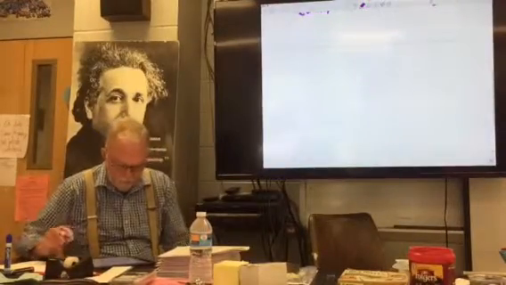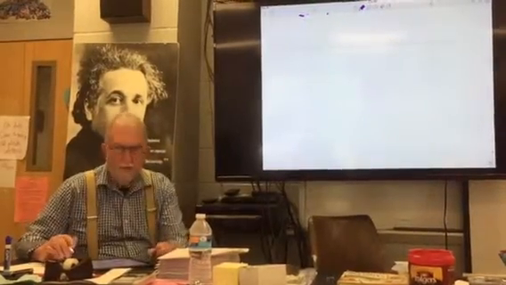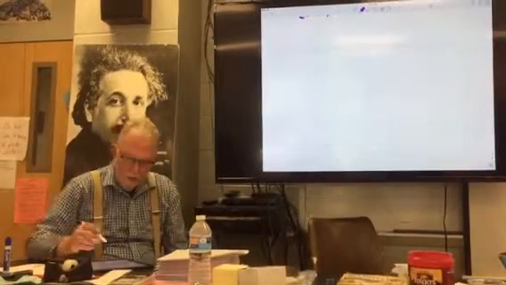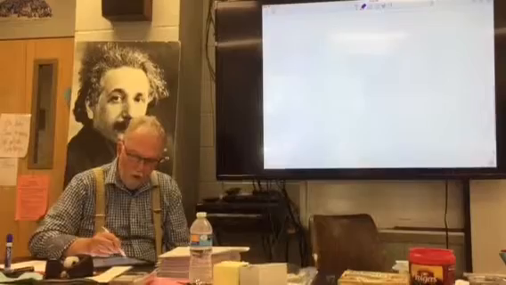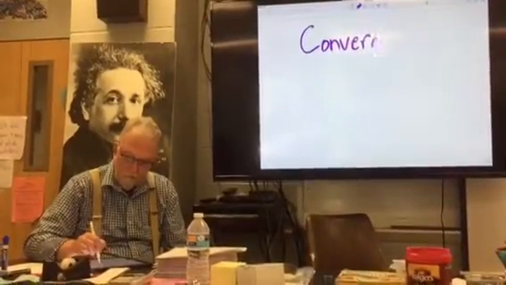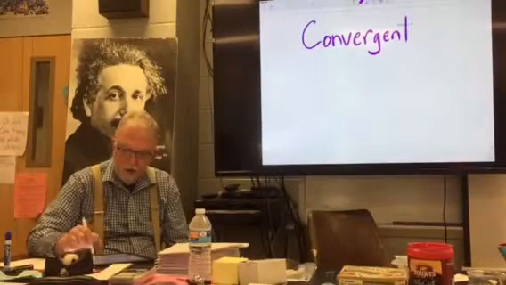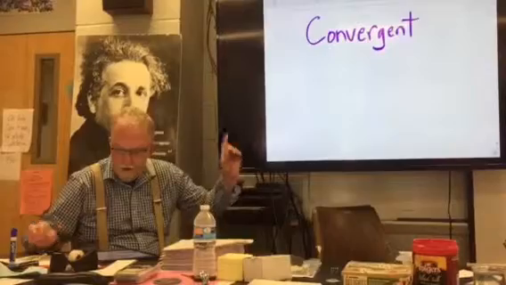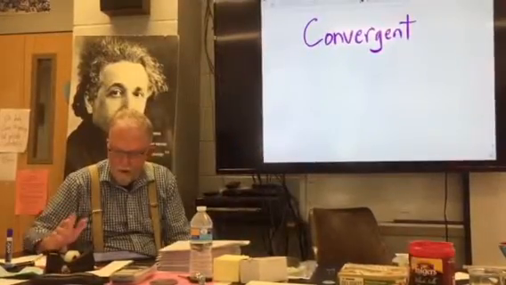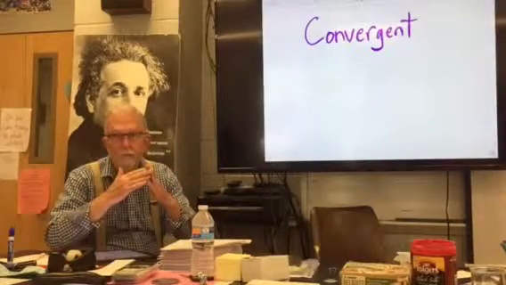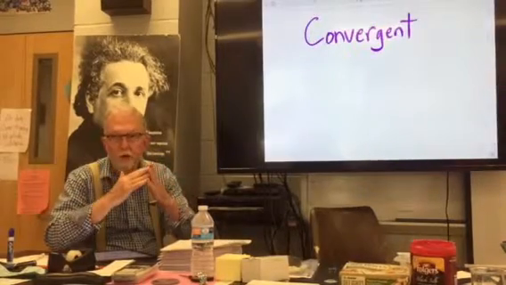Now, there are two kinds of bending, if you will. One is called convergent. And as the name suggests, the rays come together or converge. And a lens that is convergent or a mirror that is convergent, the rays will come together and you will get an image.